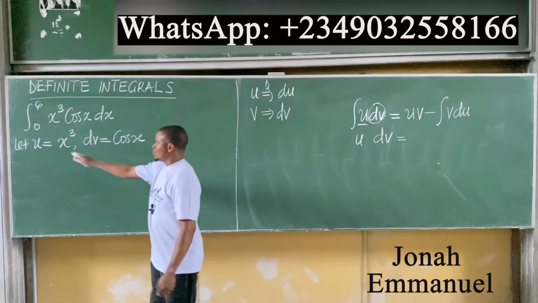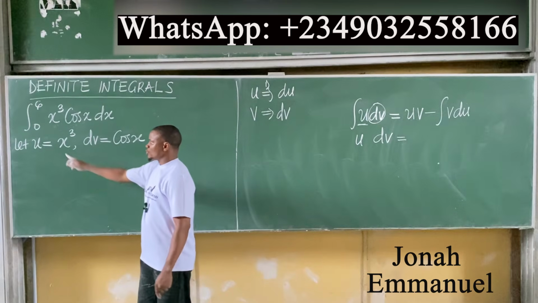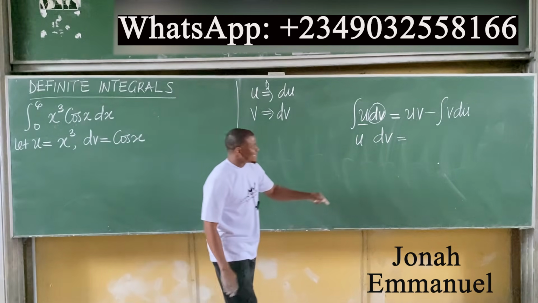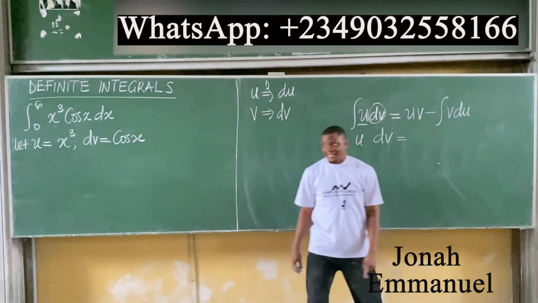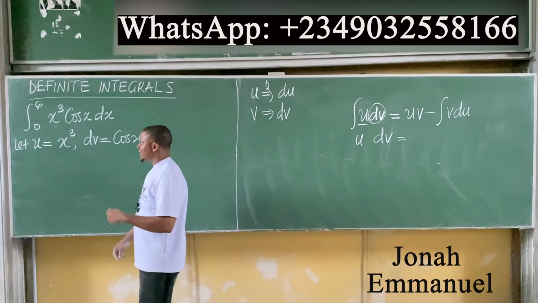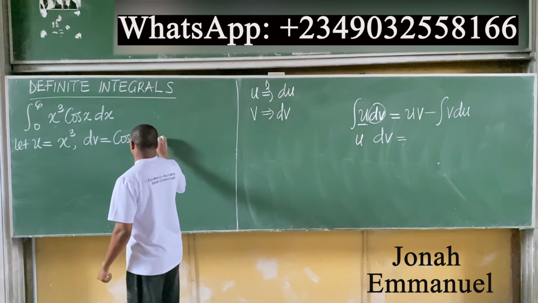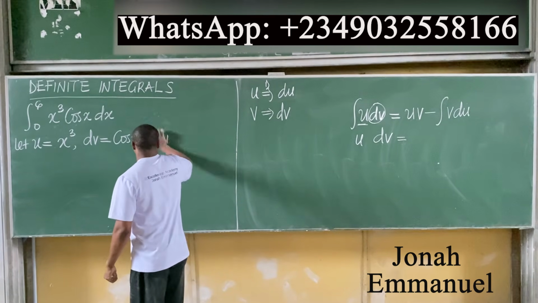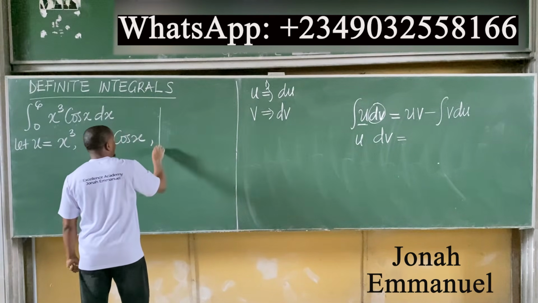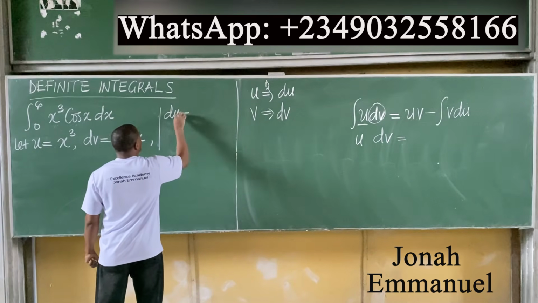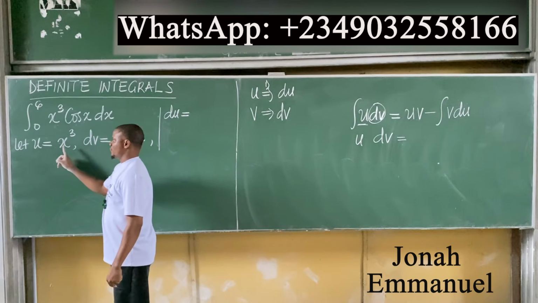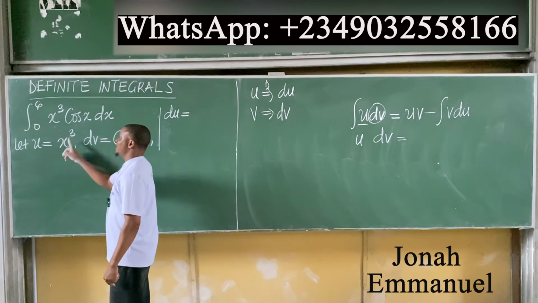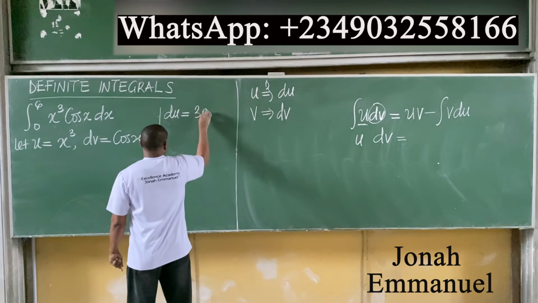When you get u and you get dv, for u, you need a value for du later. For me to get du, I have to differentiate. What is du? Differentiate x cubed, what do you get? 3x squared.